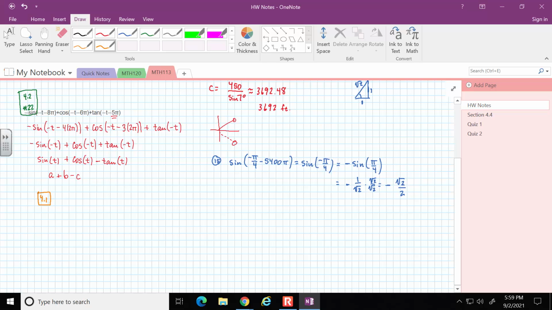I don't remember which problem it was, but it was something like this. Let's say I have negative 23 pi over 5, and I am looking for a positive coterminal angle that is less than 2 pi.